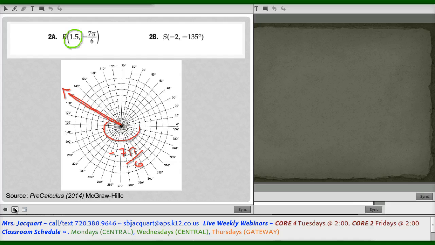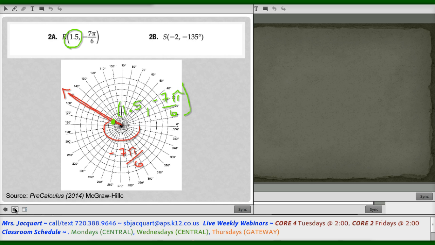There's my inner circle, that's 1, this is 2, so my 1.5 is going to be right in the middle. So that's going to be 1.5 comma -7 pi 6. Super cool.